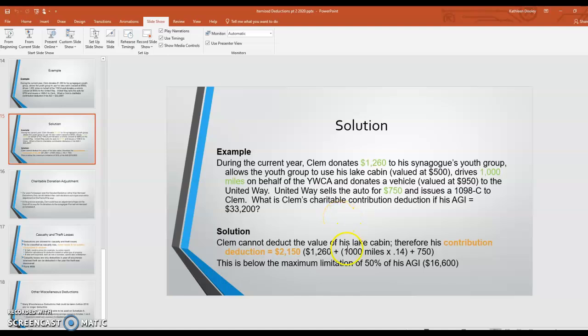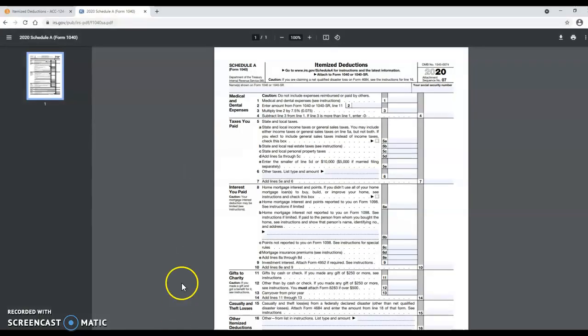Okay, and so the total of those things is $2,150. Okay, and so out of that, $12.60 is considered cash, and the mileage and the $750 are non-cash donations. Okay, so let's go ahead and put these onto the Schedule A.